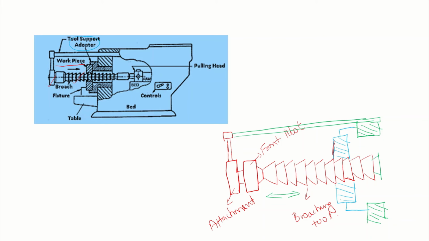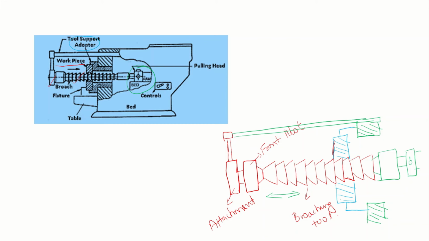So for that, the end of the tool is connected to a drive mechanism. What you are seeing right now on the schematic is a drive mechanism, this part, and this is the drive mechanism which helps the tool to reciprocate.